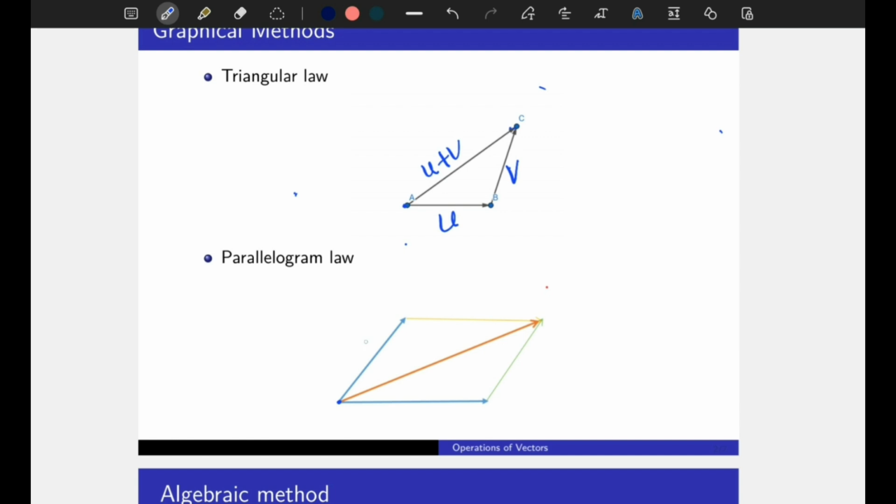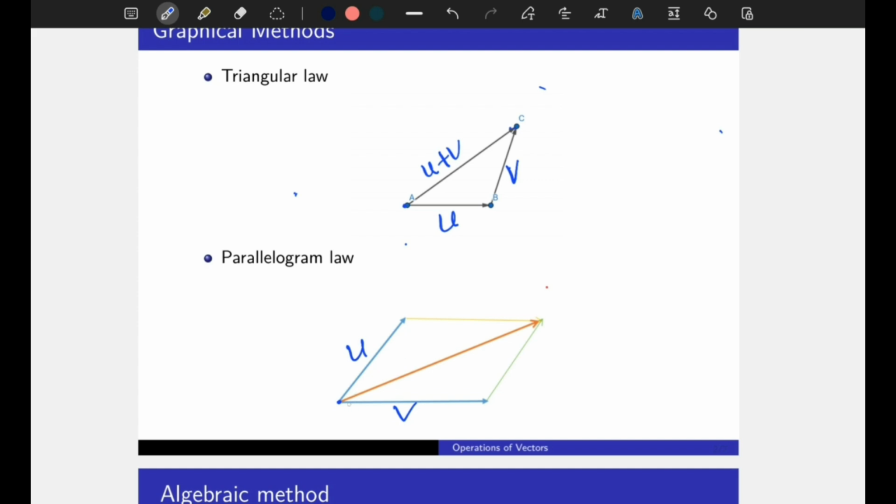That is, if we have u and v, these two vectors are arranged tail to tail, or they have the same initial point. Then to use the parallelogram law, we need to draw a parallelogram using the vectors.